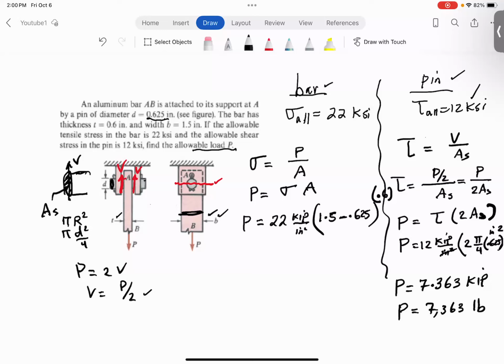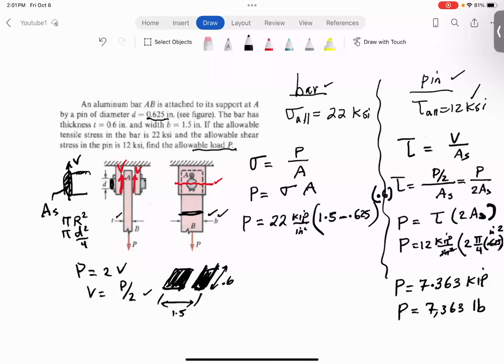Okay, so basically what you're doing, if I could show you a better picture, you see this is the 0.6, that's the thickness if you look at this picture, and this is where the hole is. That's the 1.5, right? Basically you're removing this from it. See that? You're removing that. So what you have is basically this area, this area, this area.